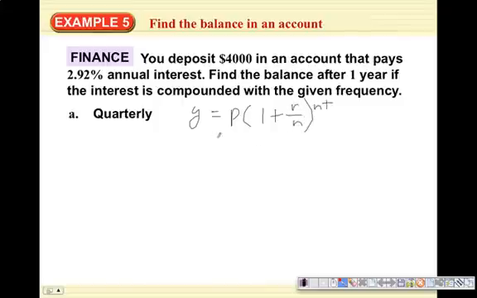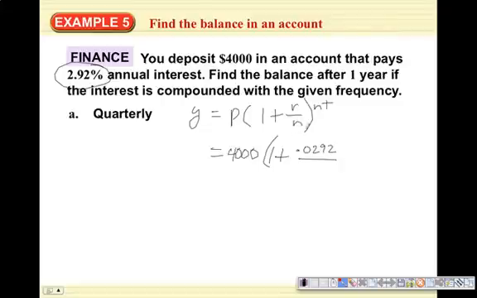We don't know A, the amount we will have, but we do know the principal. How much should we start with? 4,000. 1 plus, what was the percentage rate? It says 2.92%. Move that 2 decimal places: 0.0292. That's what people will mess up on right there.